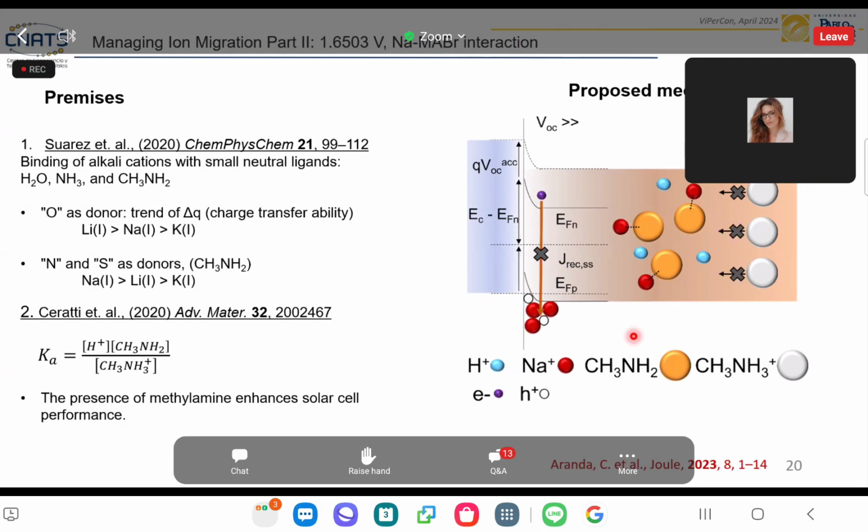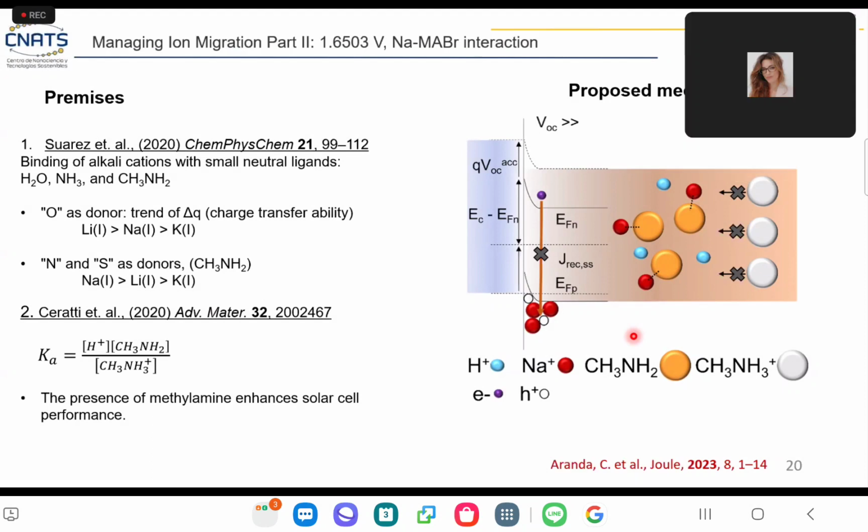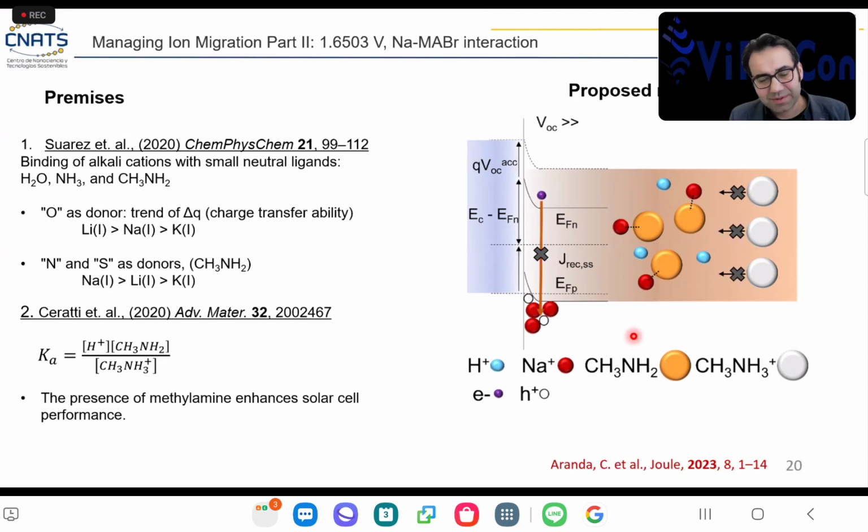You have to know which is the exact interaction of your additive, your potassium or whatever, what you are provoking in your device at the interface and at the back, both at the same time. So there are plenty of strategies, but of course you have to know properly what the additives are doing in your material, and be sure that the energy levels are well aligned. Yeah, I think that's the main thing.